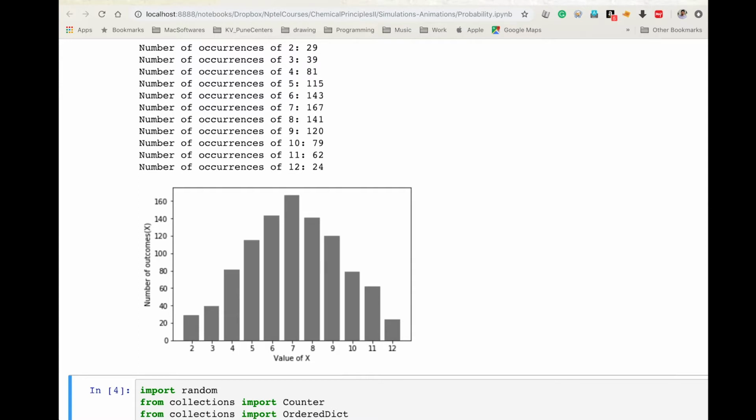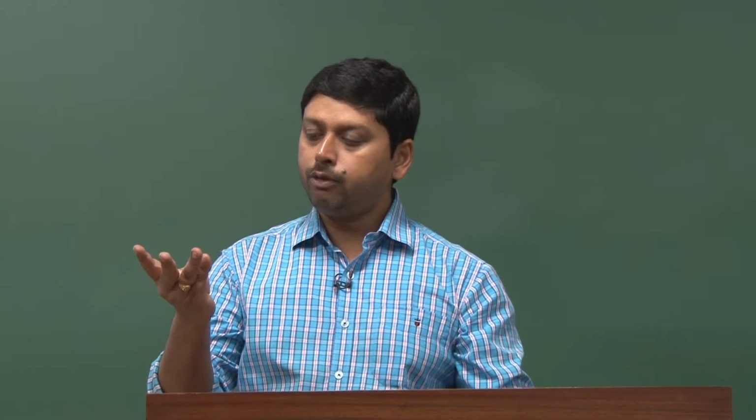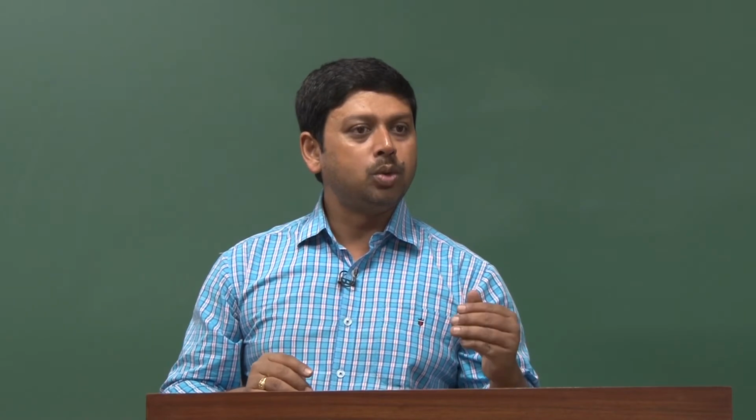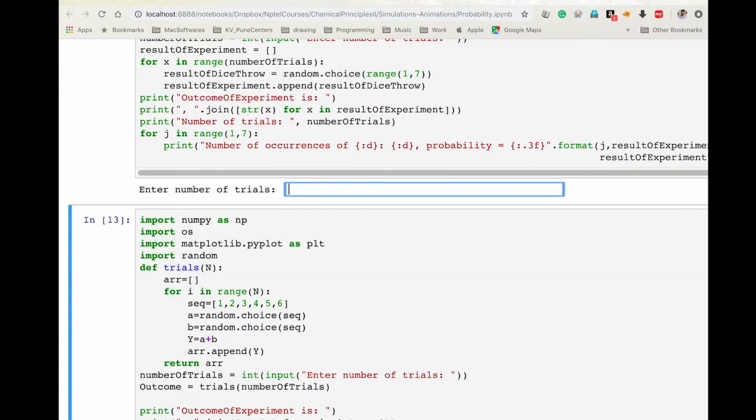Let us see, how many outcomes are there? 2, 3, 4, 5, 6, 7, 8, 9, 10, 11, 12. Yes, there are 11 outcomes. So, let us do 11,000.